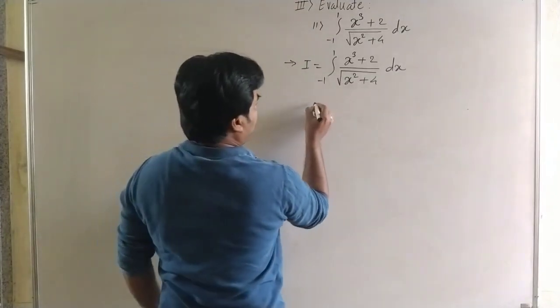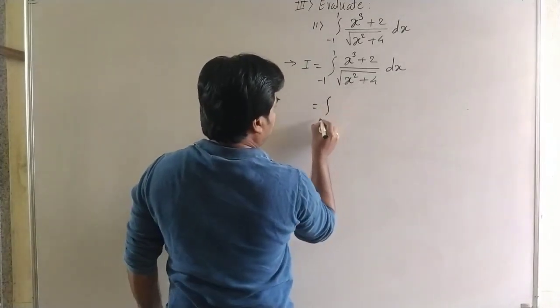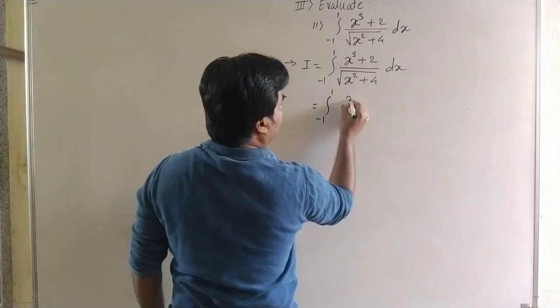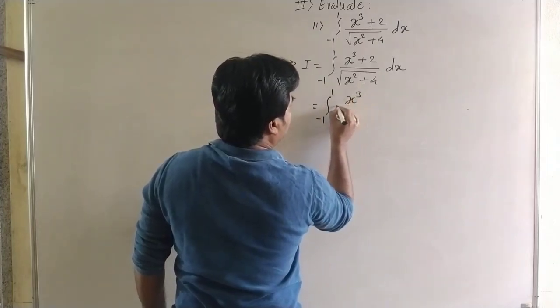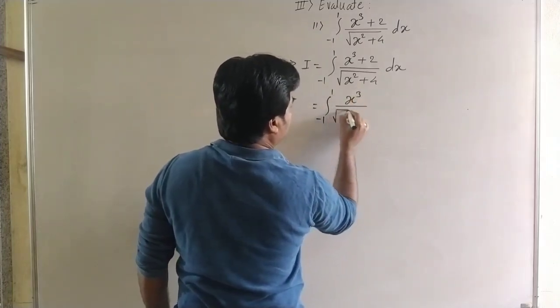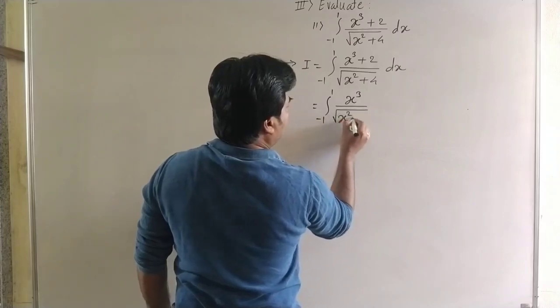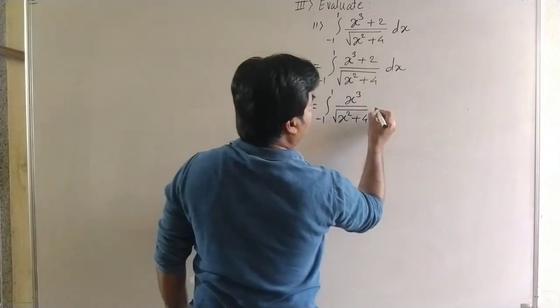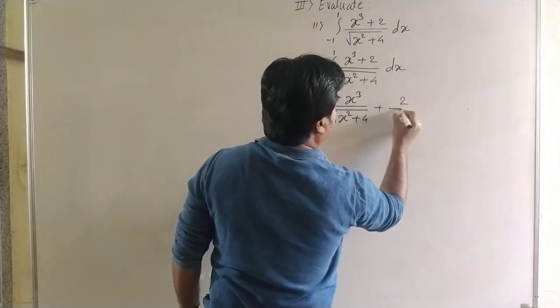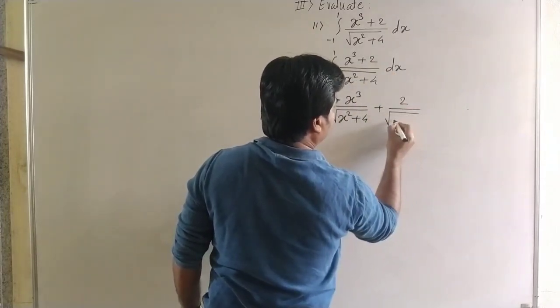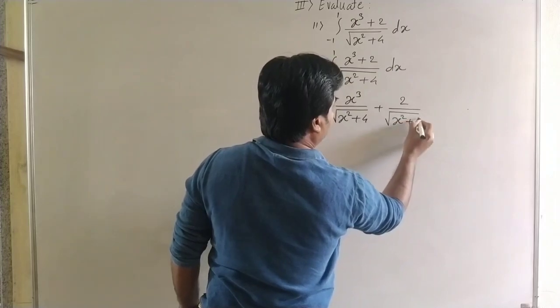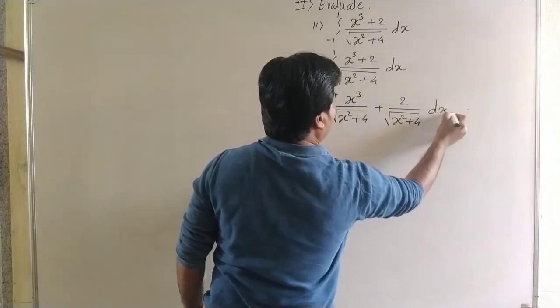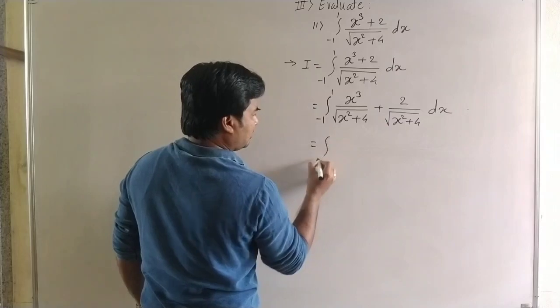Here the integral from minus 1 to 1 of x cube upon under root of x square plus 4, we separate the denominator, and plus 2 upon under root of x square plus 4 dx. Okay, now we separate the integrals.